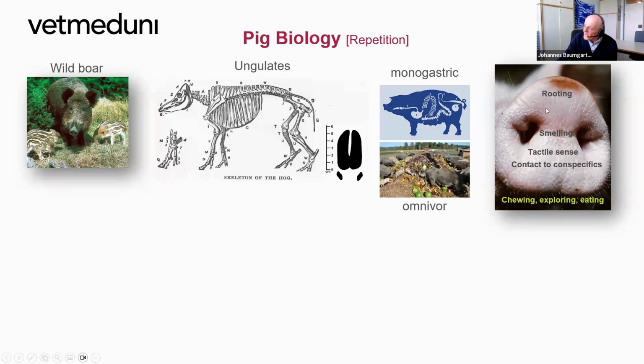On the other hand, in the center of the snout, there's a very tactile area, which can be compared to the center of our hand in terms of sensitivity. And the pig is smelling with his snout, and also eating and chewing. As humans have contact to each other with hands, pigs do it with their snout. So it's a very multifactorial organ.